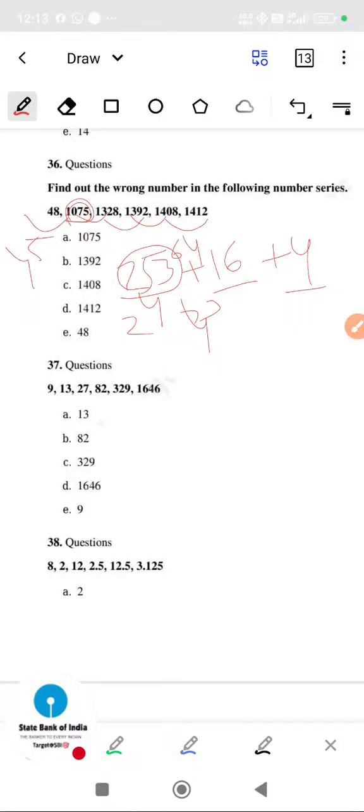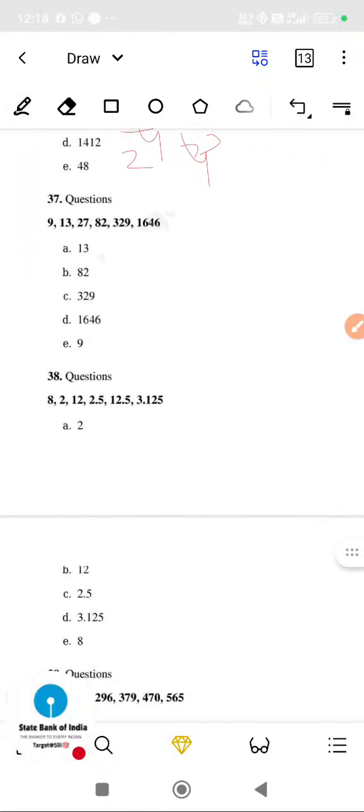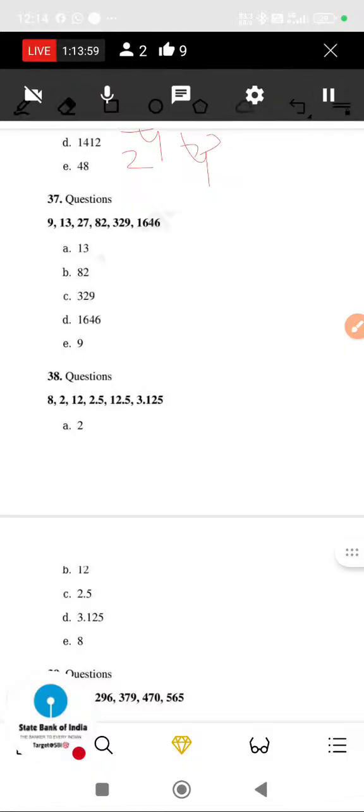Next we are going to see question number 37. 9, 13, 27, 82, 329, 1646.